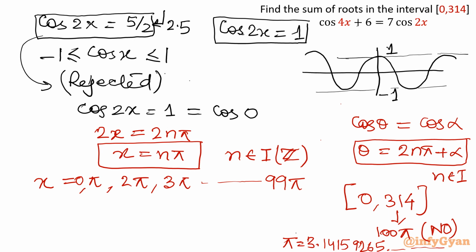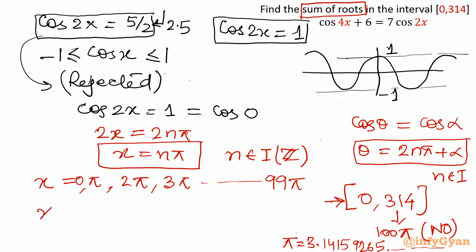So let me find the sum of roots. There are infinite roots, but as per the given interval, 0 to 314, we will take from pi to 99 pi.